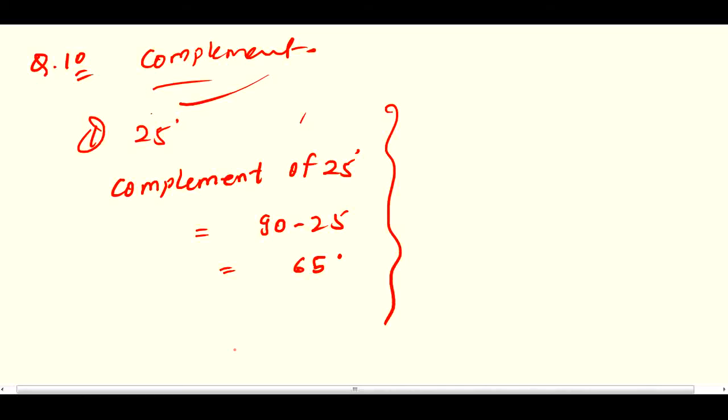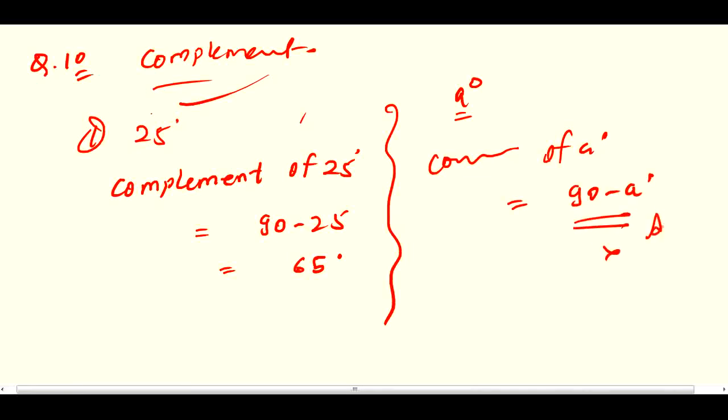And the second question you can solve. Third, what will be the complement of a degrees? Simply you have to write complement of a degrees equals 90 minus a. Further you can't solve this, so this will be your final answer.